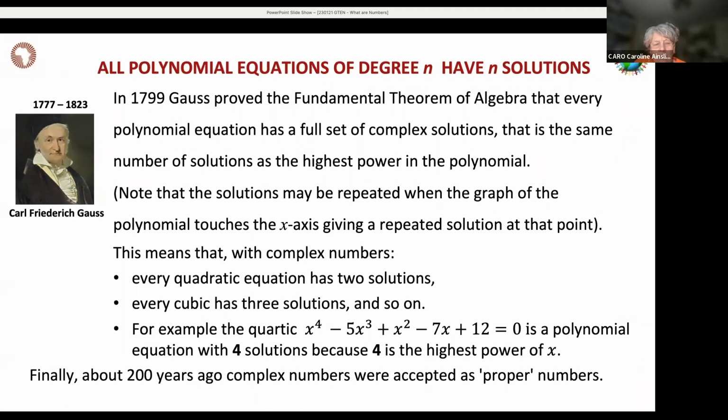Now, the final point, a nice little point: around the year 1800, give or take, complex numbers were finally accepted as proper numbers. So what is just school mathematics, really, the best mathematicians only finally understood that complex numbers were proper numbers and behaved like other numbers, except they were 2-dimensional.